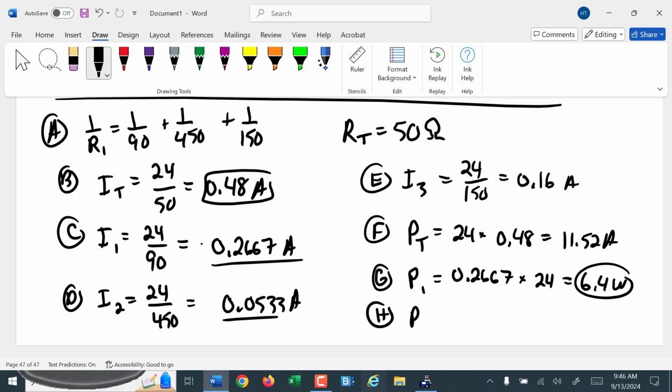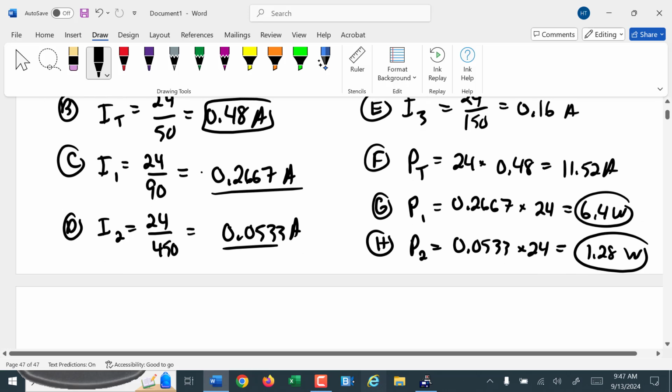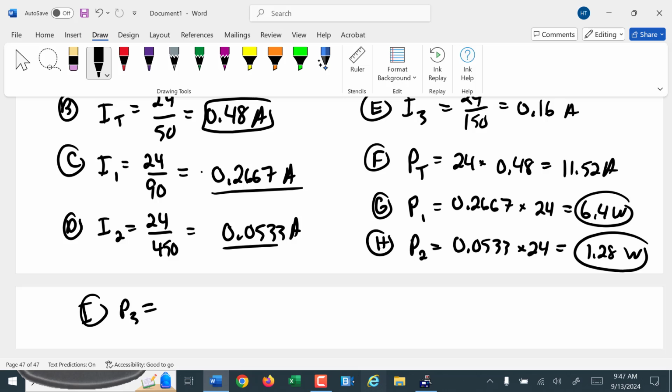H, power 2. We got the current through 2 of 0.0533 times voltage of 24 gives us 1.28. I, power through resistor 3. What is that? 0.16 current through 24 volts, 3.84.